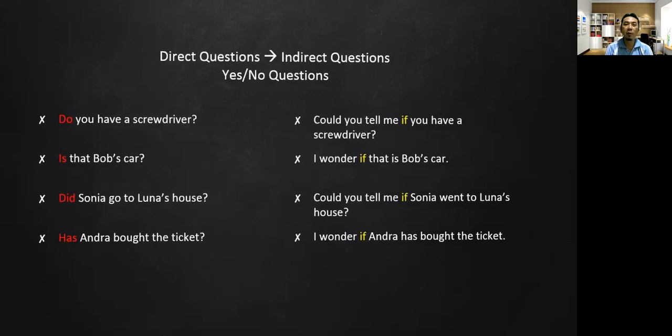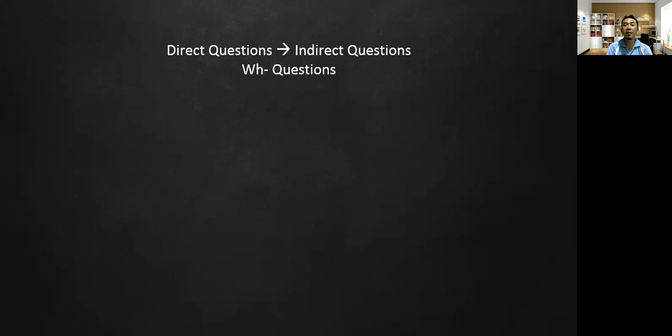What about WH questions? In WH questions, the structure is the same as yes or no questions. I mean, we don't use interrogative structure anymore, but we use statement structure. The difference is only in WH questions, we don't use if, but we use the WH word that we use in the direct question.